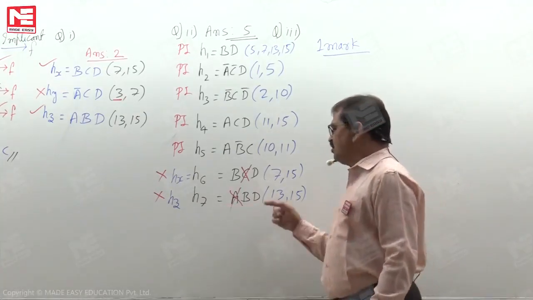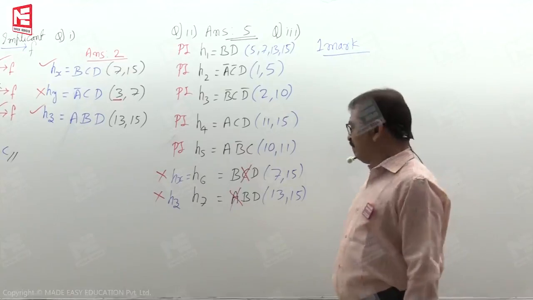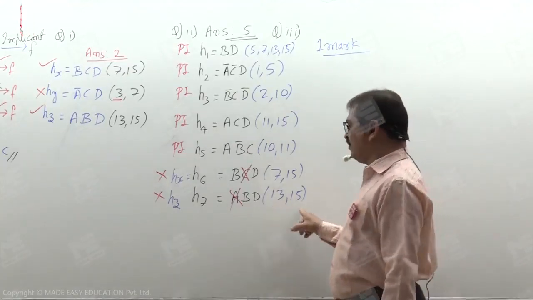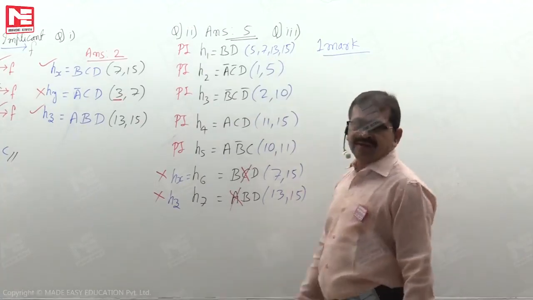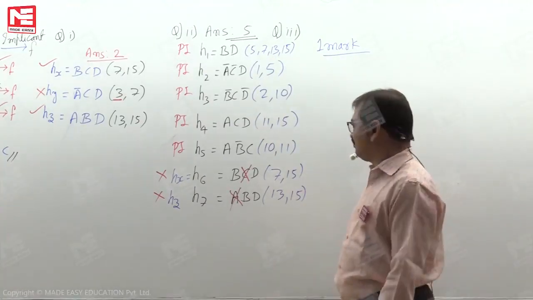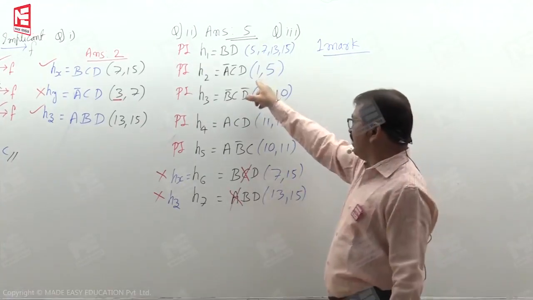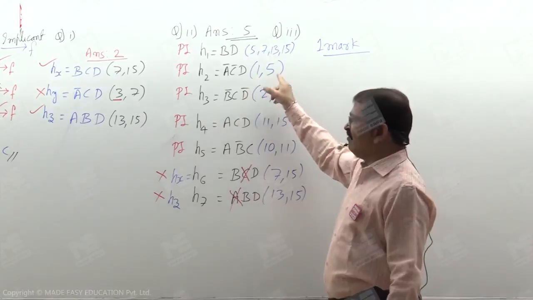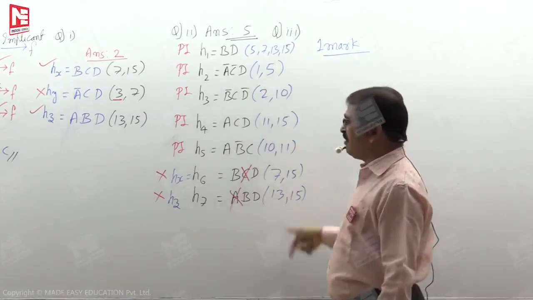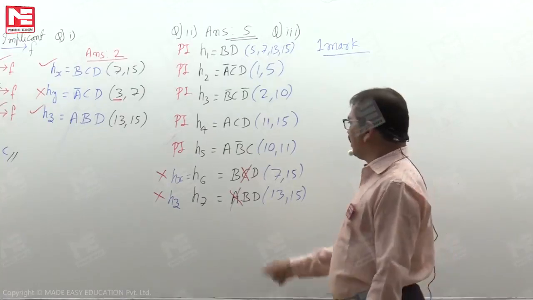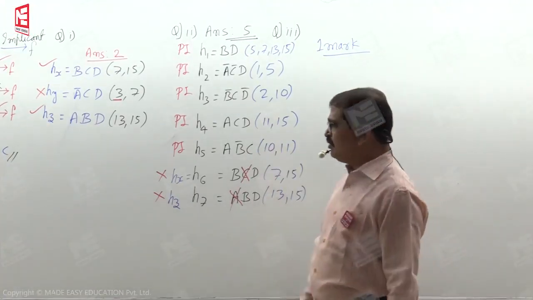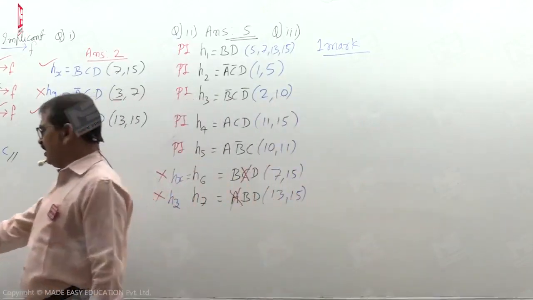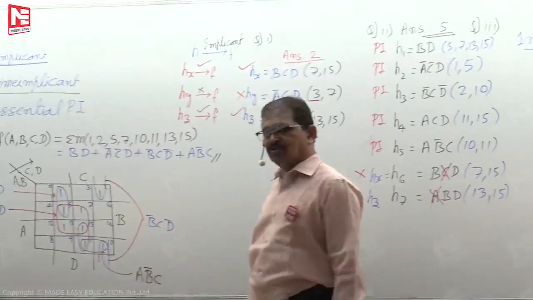This H7 is not a prime implicant. If you look, this 13, 15 that we have here is coming to be part of this H1. But if you look here, this 1, 5 is not coming to be part of any other subcube. Similarly, this 10, 11 is also not coming to be part of any other subcube.